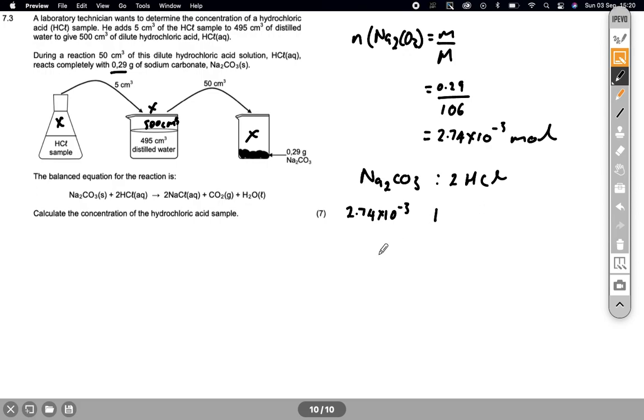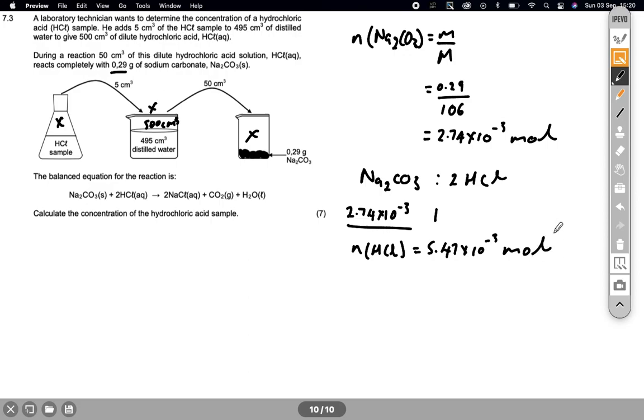So the number of moles of HCl would be 2 times this, therefore it would be 5.47 times 10 to the negative 3 moles.